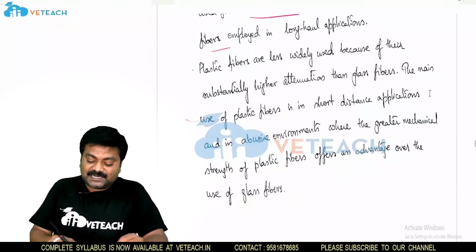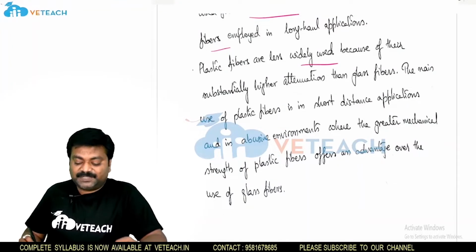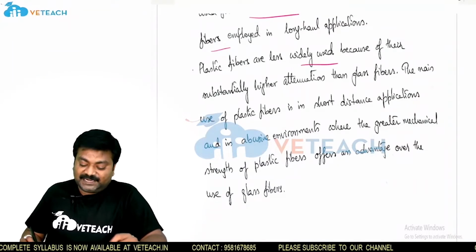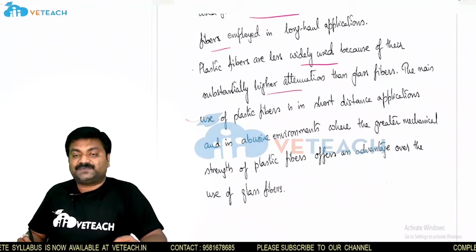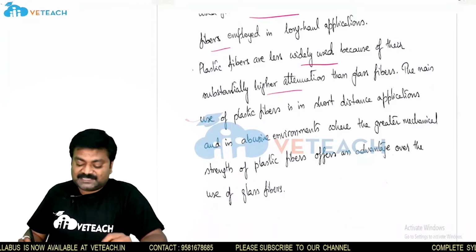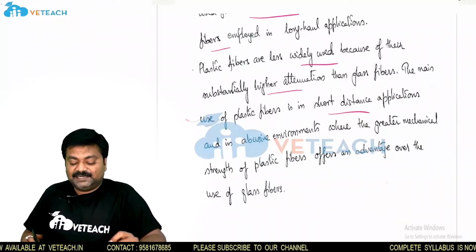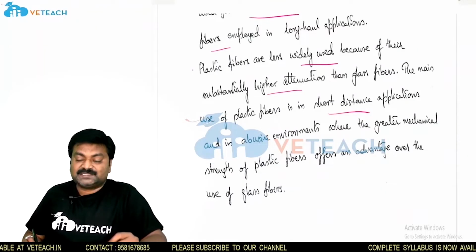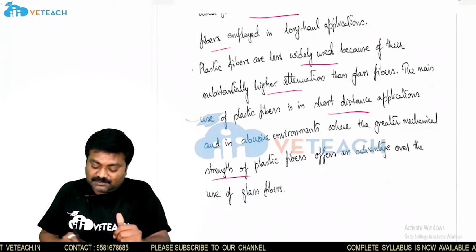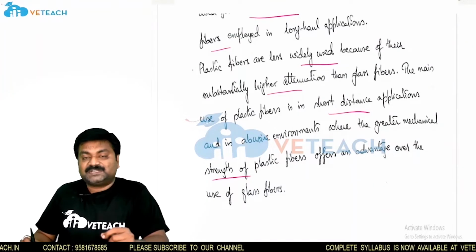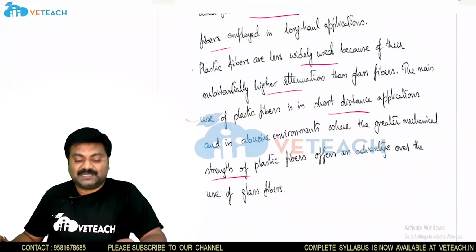Plastic fibers have higher attenuation than glass fibers. The main use of plastic fibers is in short distance applications and in abusive environments. Greater mechanical strength of plastic fibers offers an advantage over the glass fibers.